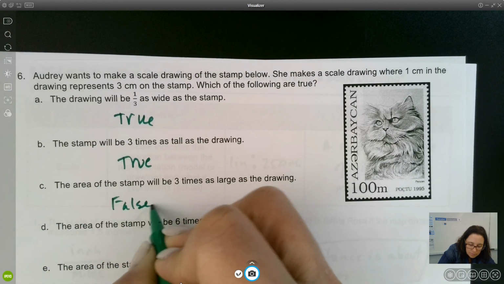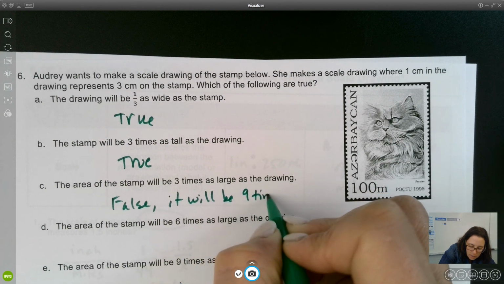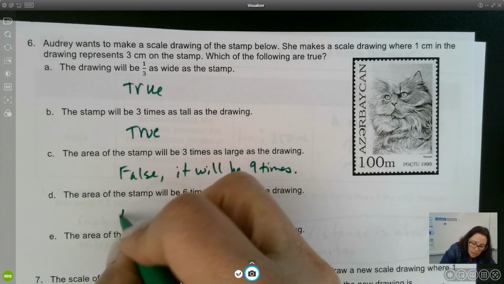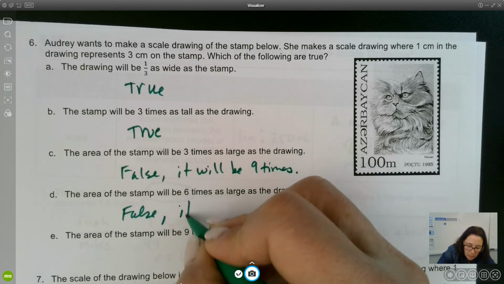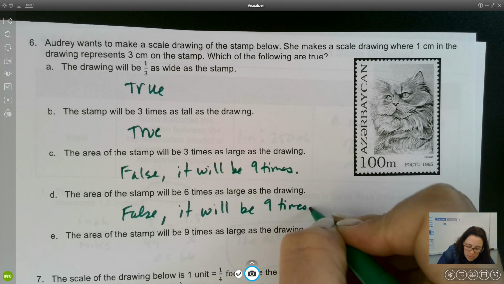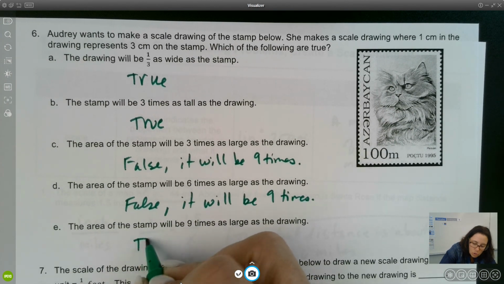False. It will be 9 times. The area of the stamp will be 6 times as large as the drawing. False. So it's not 3 times 2, it's 3 times 3. It will be 9 times. The area of the stamp will be 9 times as large. True.